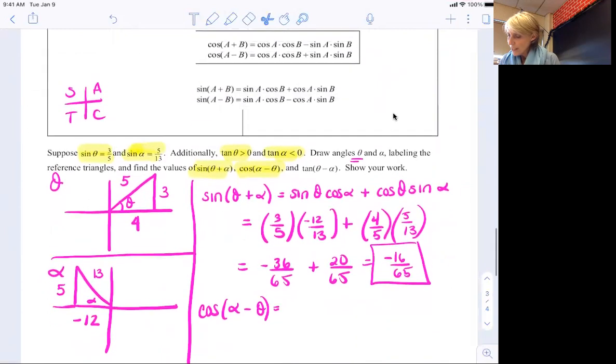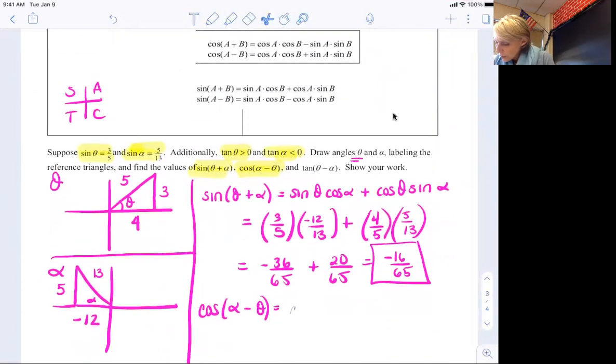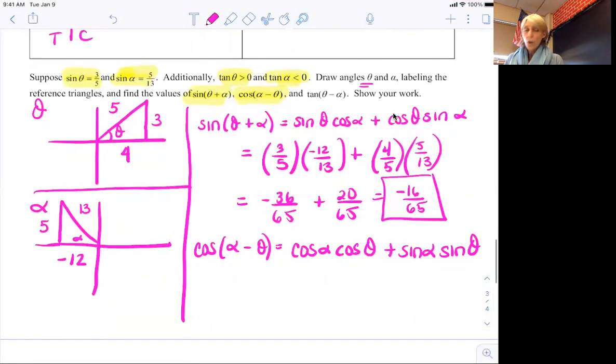So cosine A minus B. Cosine alpha, cosine theta. Just very meticulous. Sine alpha, sine theta. And again, I don't know the actual angle, but I could set up the function value.